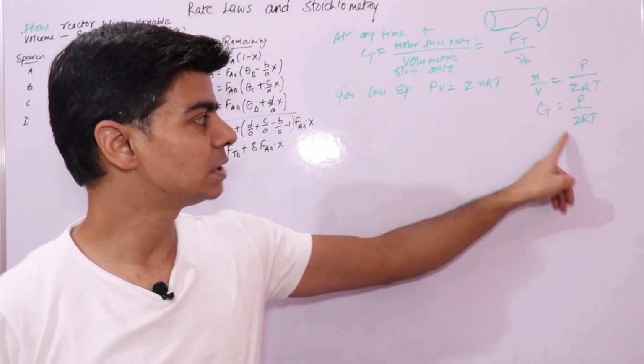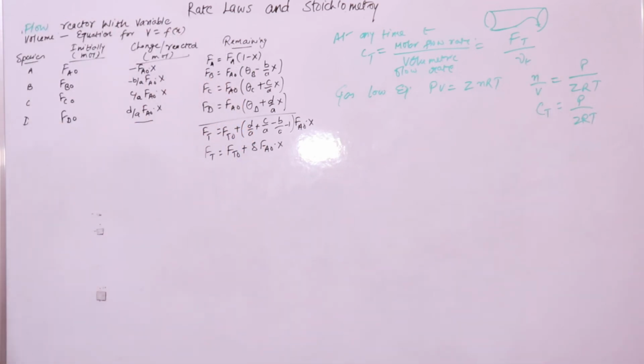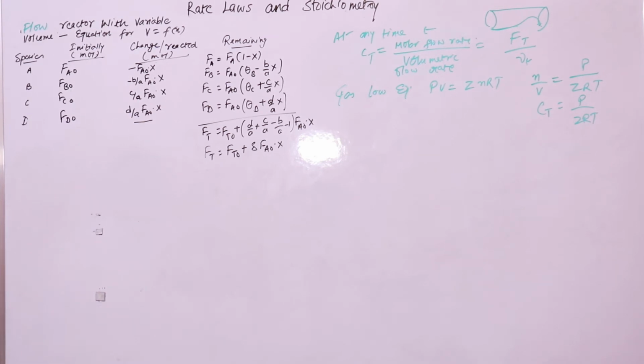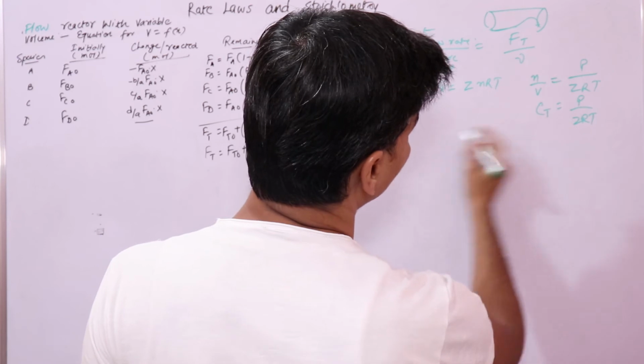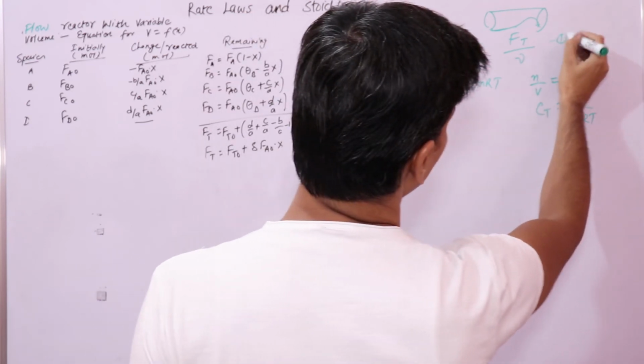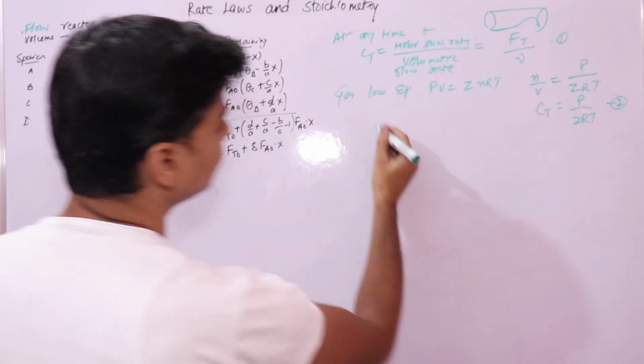these two equations can be equated. F_t upon nu_t equals P upon ZRT. Here nu is the volumetric flow rate. So equation 1 and equation 2 can be equated.